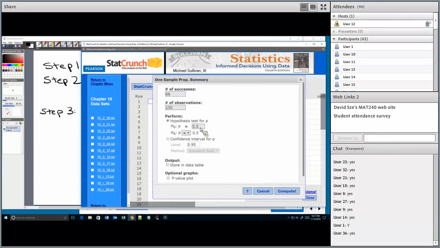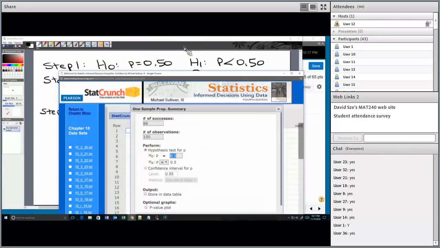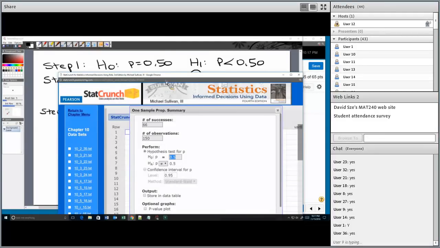We're gonna test the hypothesis. And look what it's asking. It's saying, what is your p equal to? Well, in the problem, the p is 0.50, so I don't need to change this. I keep this as 0.50. But what do I have to change in this hypothesis test?